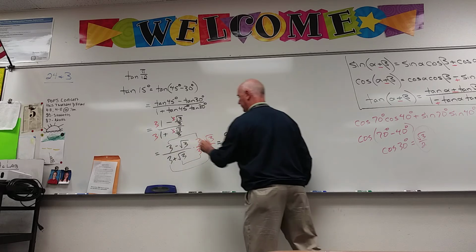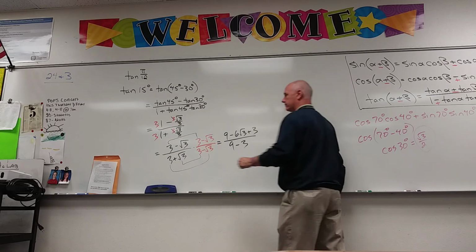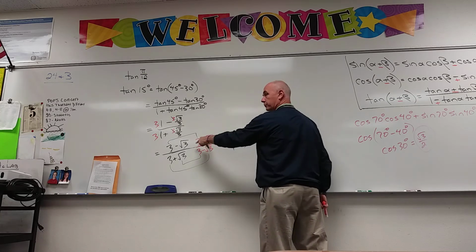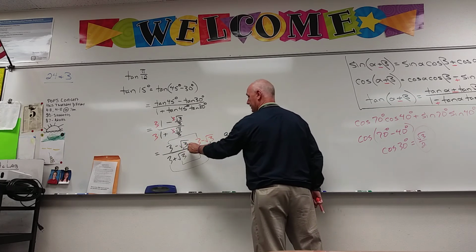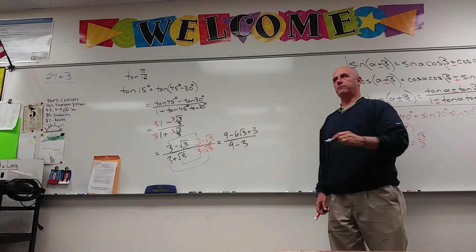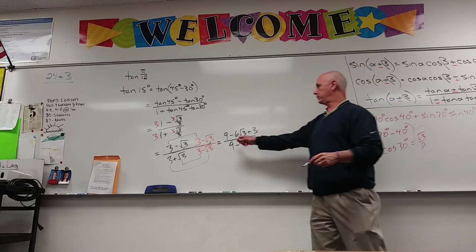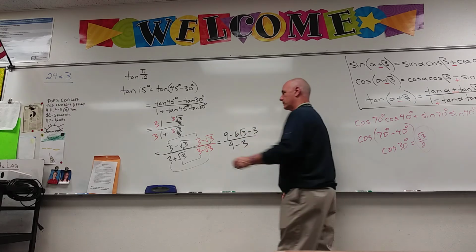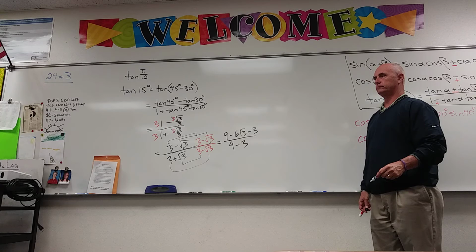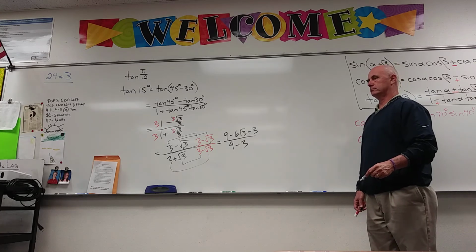So first gives us the 9. Outside gives us a minus 3 root 3. Inside gives us a minus 3 root 3. So we have minus 3 root 3 and minus 3 root 3, which gives us minus 6 root 3. And then the last gives us the plus 3.